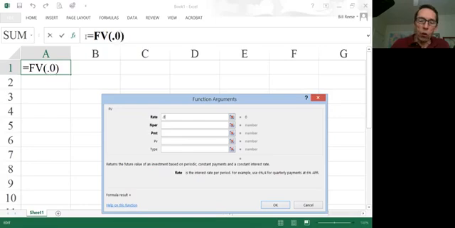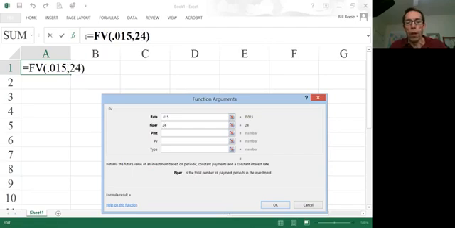So that's 0.015, that's 1.5%. Then the number of periods is how many compounding periods. If we have monthly compounding, there's going to be 24 months in 2 years. By the way, I can do 2 times 12, and Excel will work that out because Excel knows 2 times 12 is 24. But we'll just plug in the 24 there.